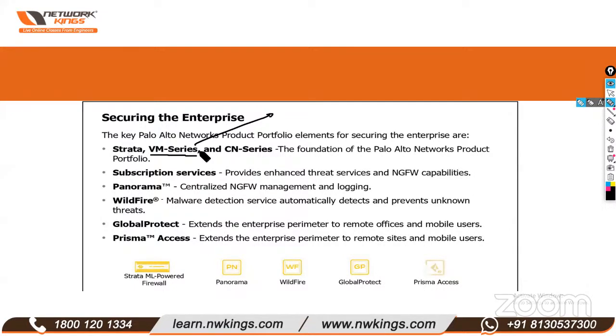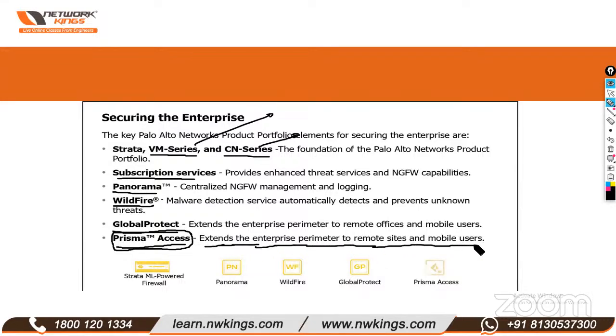So there are VM-Series, there are CN-Series, and there are subscription services: Panorama, WildFire, GlobalProtect, and Prisma Access. Prisma Access will come into the picture, but we'll talk about that a little bit. So basically in Strata, we have VM-Series and CN-Series. CN-Series is, I guess, used in the cloud, and it will be useful when you have Kubernetes and all those things.